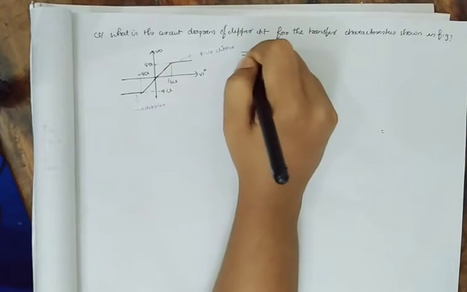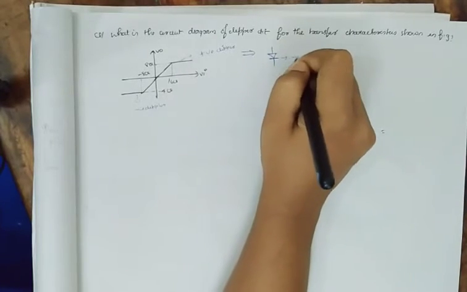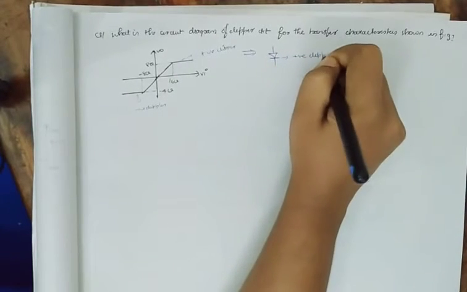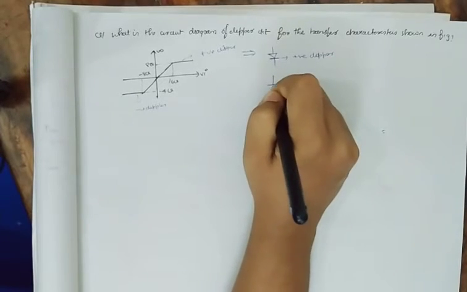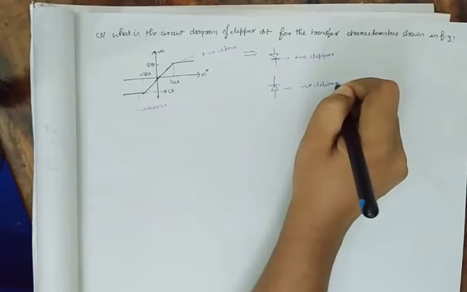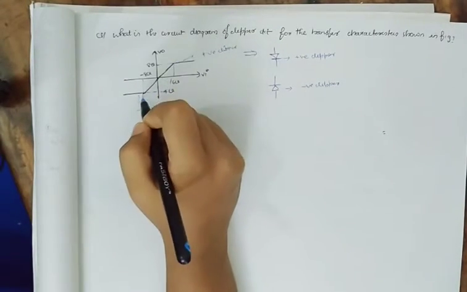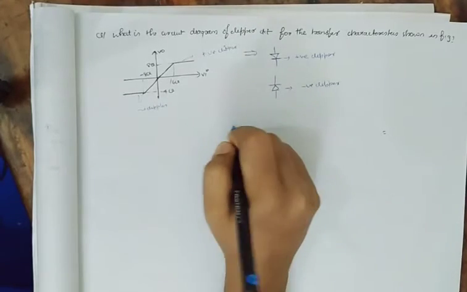In the case of a positive clipper, the diode will be facing like this, and in the case of a negative clipper, the diode will face like this. These are shortcuts, and I am going to draw that for these two instances only.